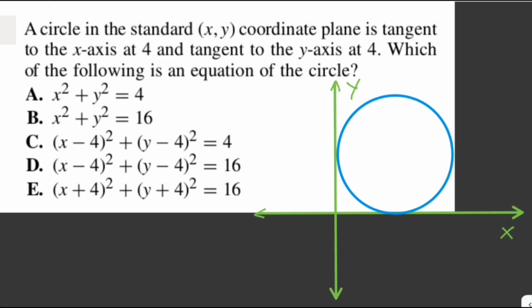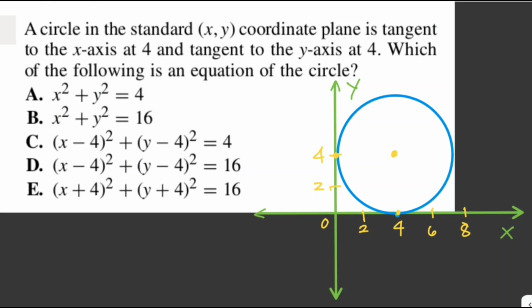Let's say this is our circle, and it says here that it is tangent to the x-axis at 4. So let's say this is 4, and this one is also 4. So this is 2. And this is our center, the center of the circle.